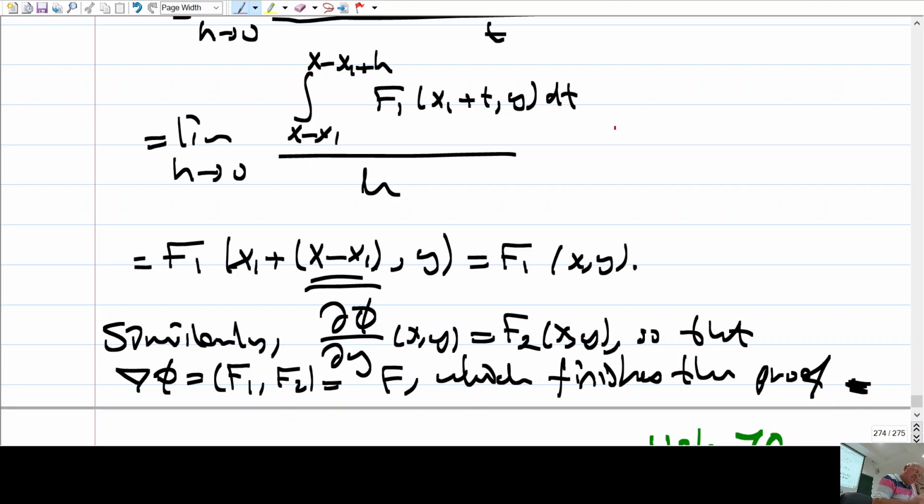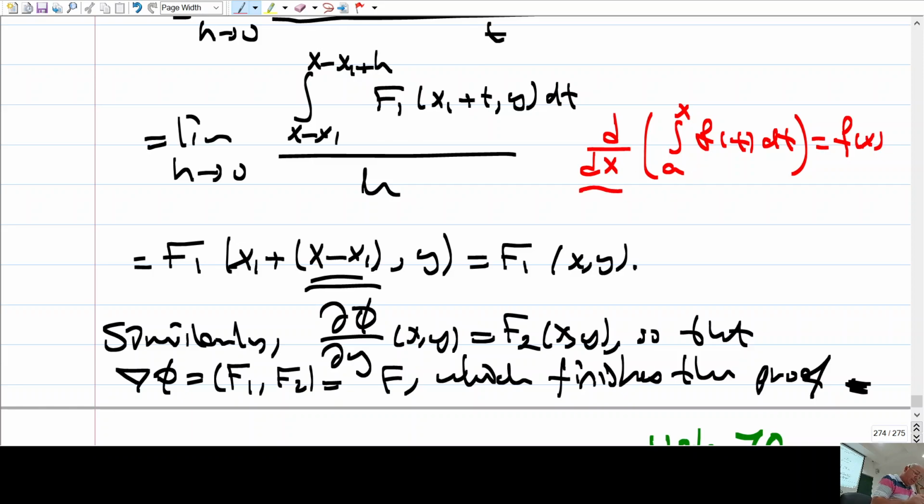So the derivative d/dx of the integral from a to x of f(t) dt, we know that the fundamental theorem of calculus tells us that this is just f(x).